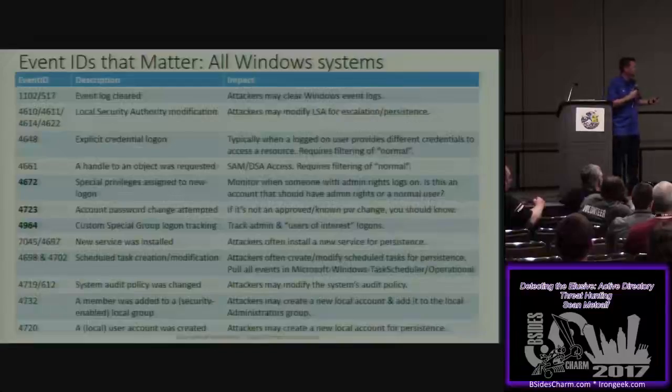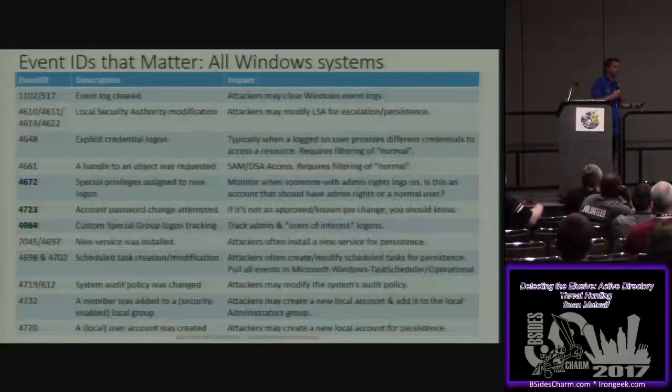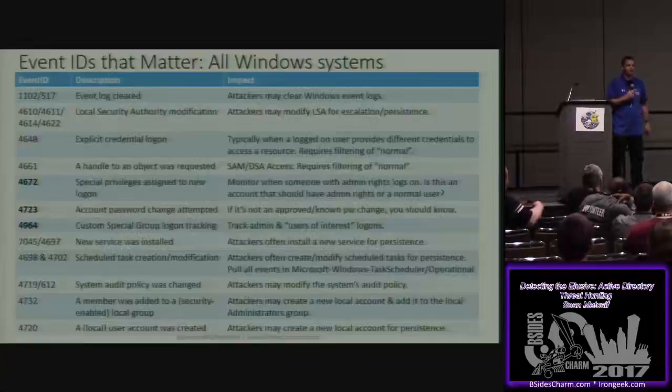Handle to an object requested. This is typically accessing the local SAM on a Windows system or the Active Directory database on a domain controller. Special group auditing, account password change. New service was installed, new scheduled task was created or a scheduled task is modified. This is how attackers are persisting on networks today. If we're not monitoring this, we're missing it.